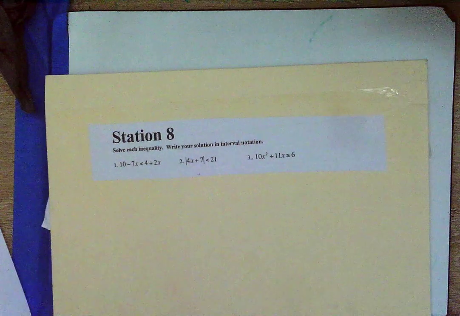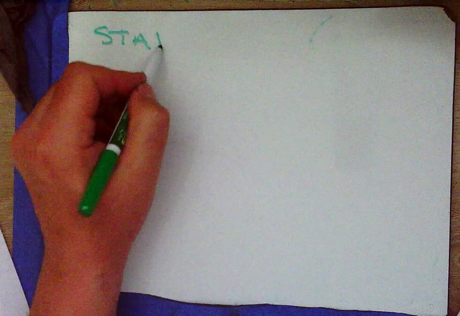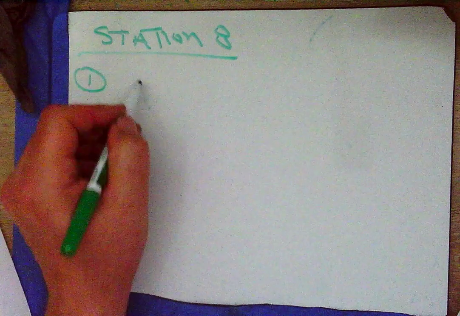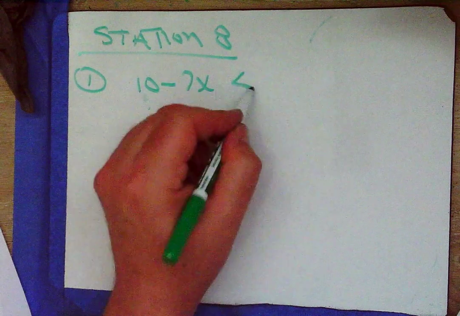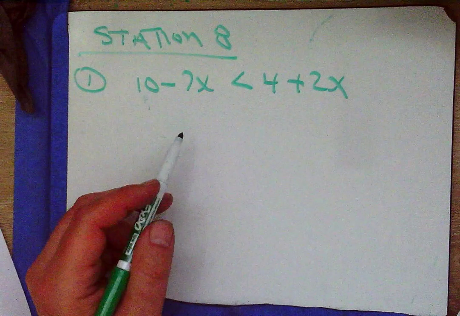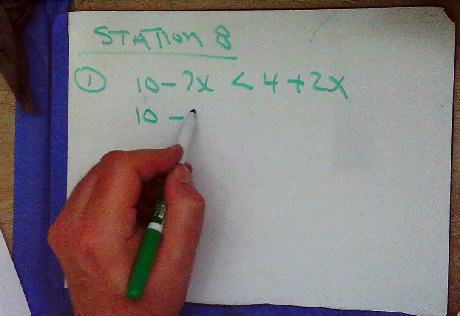All right, that was station 7. Station 8 seems to be about solving inequalities. Oh, I remember inequalities. Station 8, inequalities. 1. 10 minus 7x is less than 4 plus 2x. Do you remember what I said with inequalities? First thing you do, change that to an equal sign.